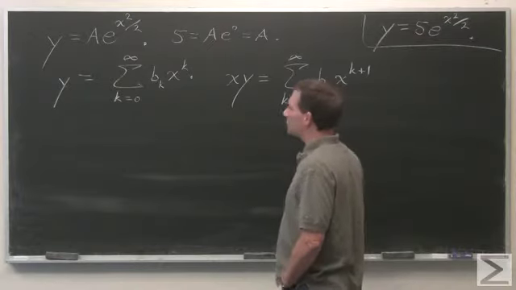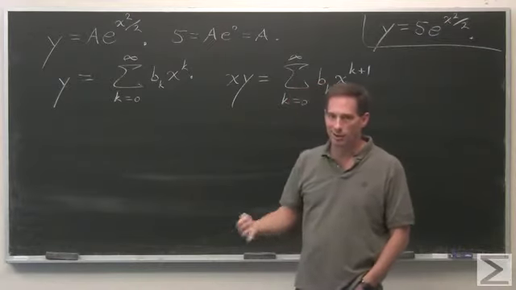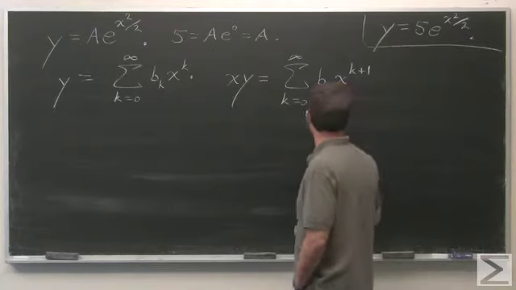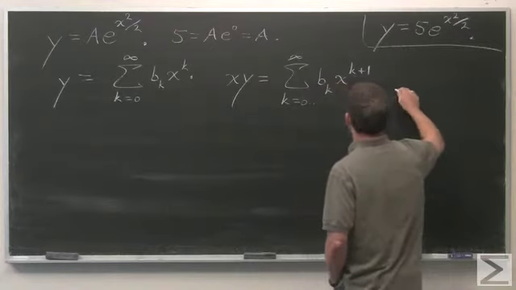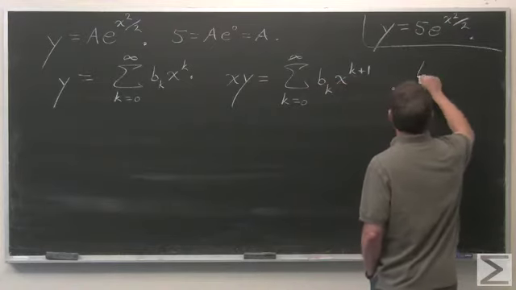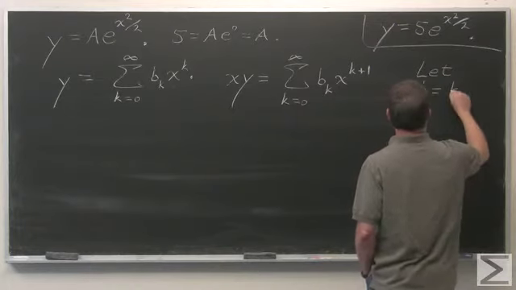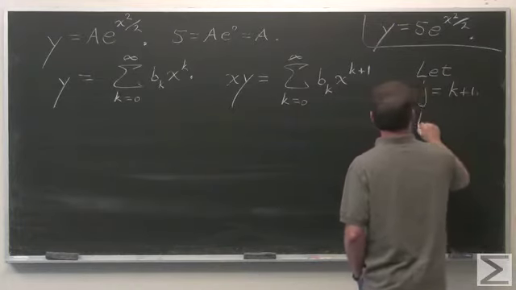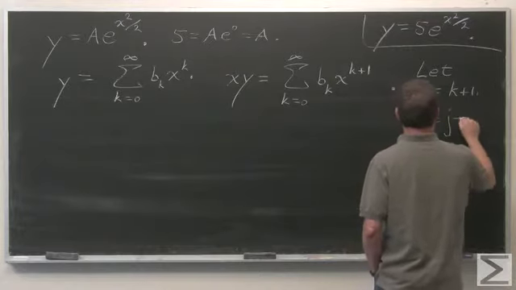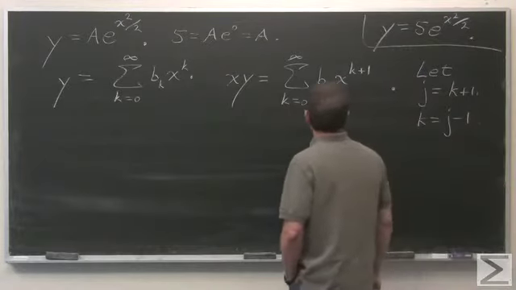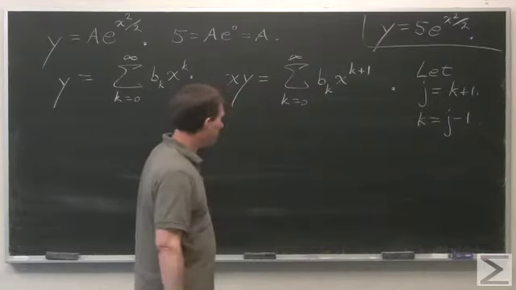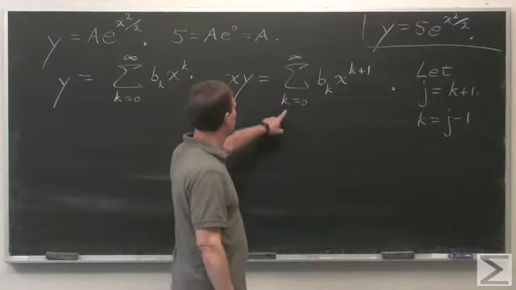But we'd like for this to match our earlier summations indexing. We'd like an x to the j up here. So here, just to reindex this summation, we let j be k plus 1, so that k is j minus 1. Okay, so what do we get?